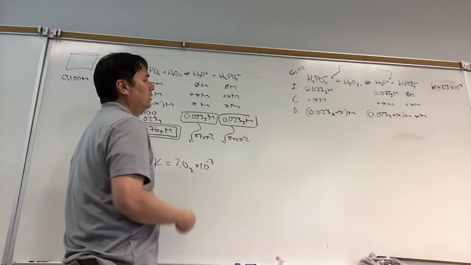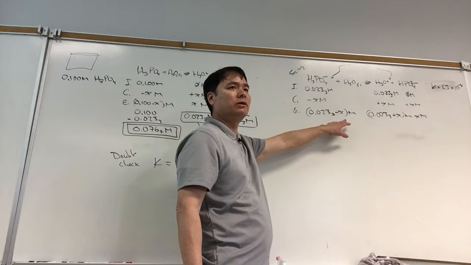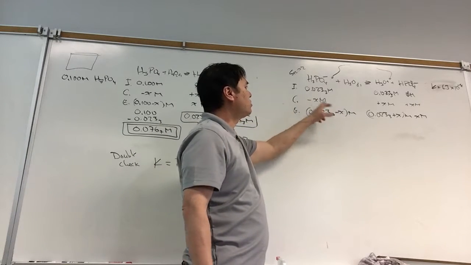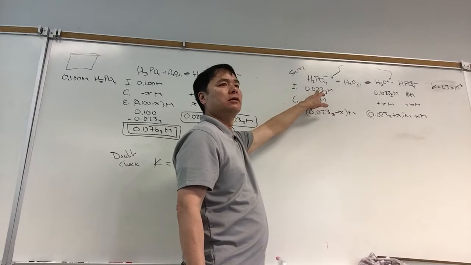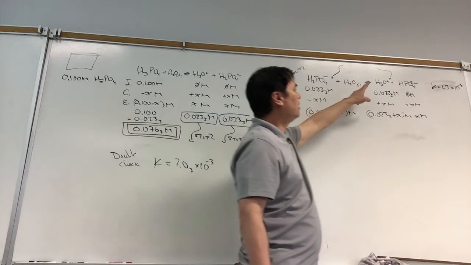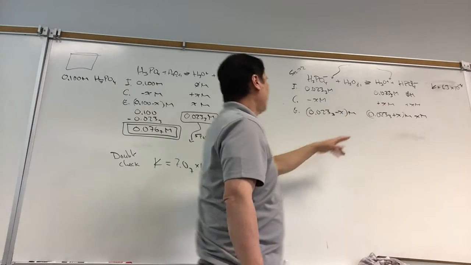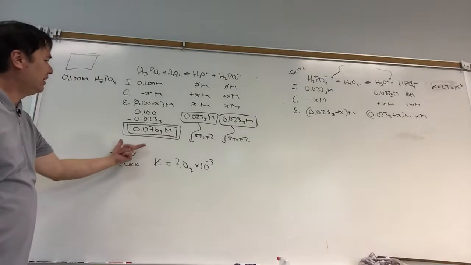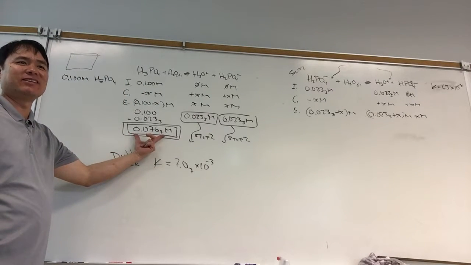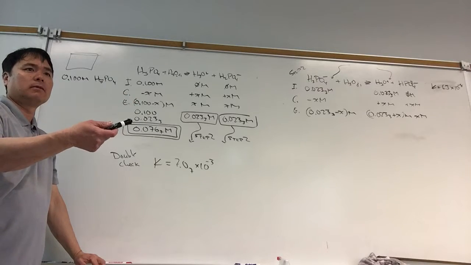Well, the situation here is this. If x is too big, what's going to happen? If x is too big, that's going to change the dihydrogen phosphate and the hydronium concentration significantly, which means that step 1 gets screwed up. We get this endless loop.